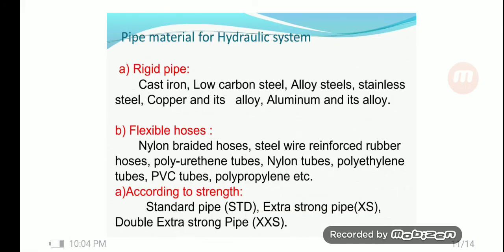Now let's see the materials used for the pipes.